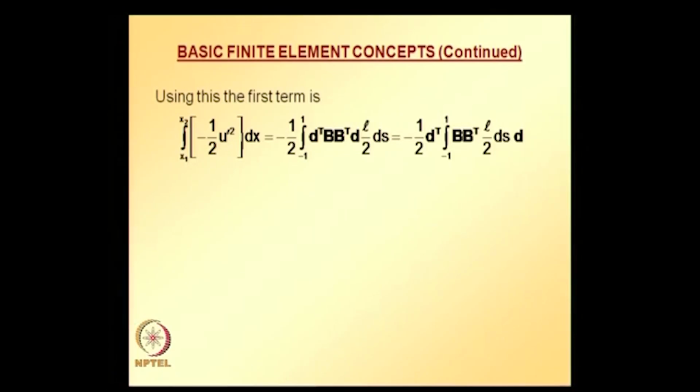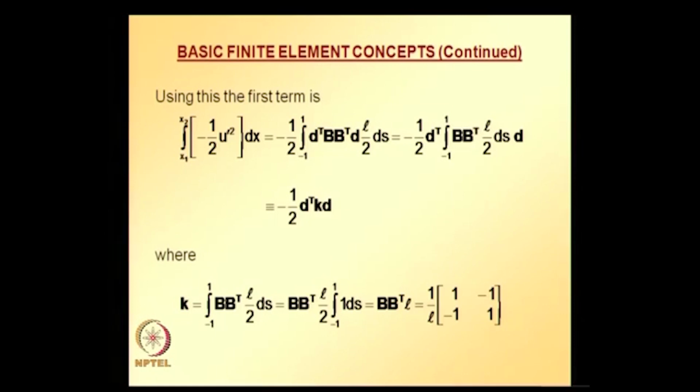That is how you obtain the second term, and by pulling out the d, which is not a function of s, out of the integral, you get the third term. This can be compactly written like this, where k is defined as the integral from -1 to 1 of B transpose B L over 2 ds.